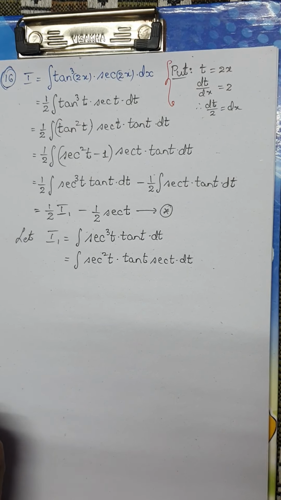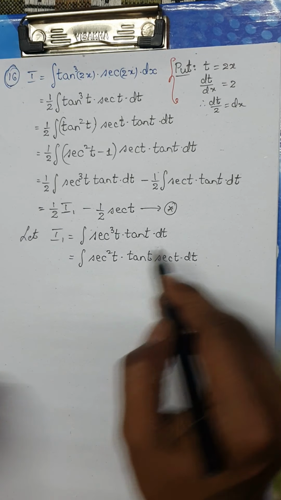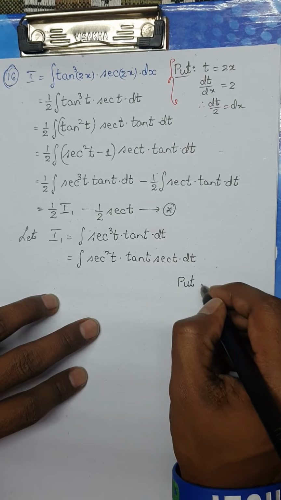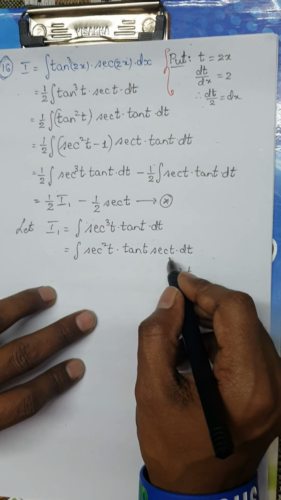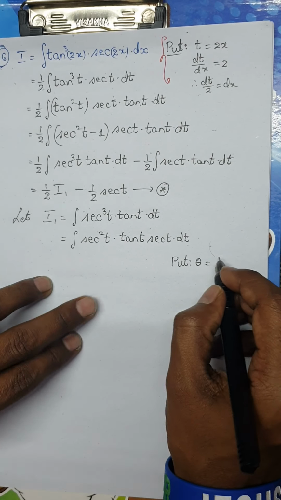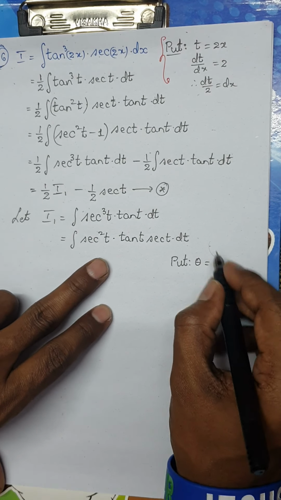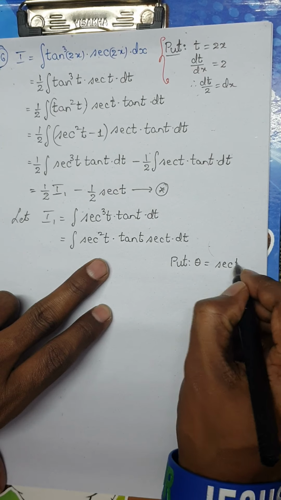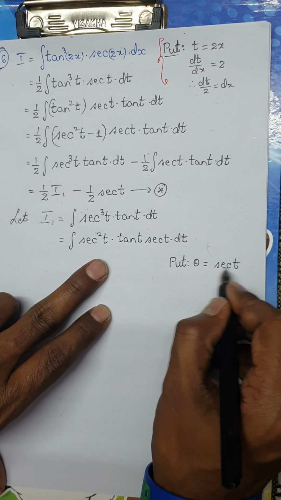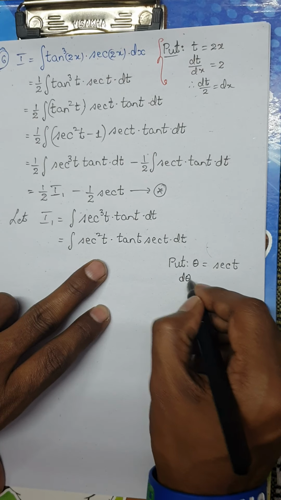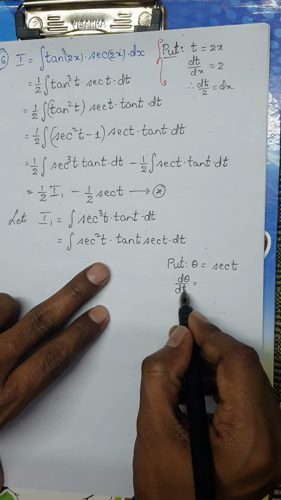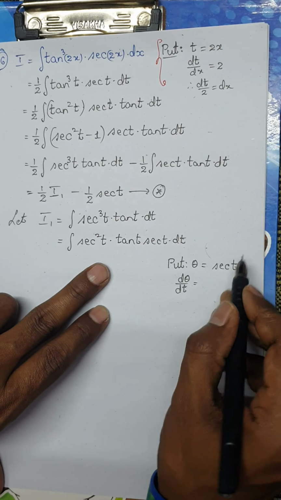Now I have to make another substitution here, please be careful. I cannot put t because it is already substituted here. Let me substitute for theta. If I substitute theta as secant t, remember, you are putting theta as secant t and differentiating theta with respect to t, not with respect to x or whatever it is, because the function is in terms of t.